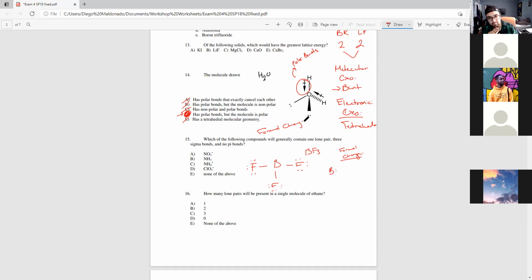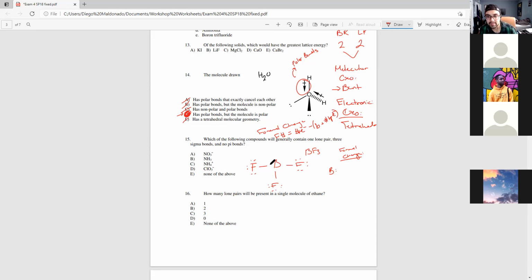Formal charge equals the number of valence electrons minus half of electrons in bonding pairs plus half of electrons in lone pairs. That's a jumble. So the way I typically go about it is how many bonds do we have, and then plus the number of lone pair electrons we have.